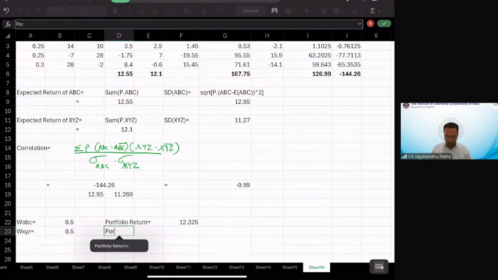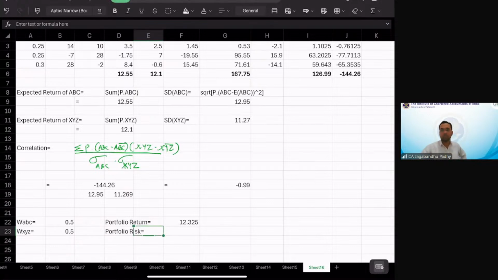Now I want you to calculate the portfolio risk. Give me the portfolio risk numbers, guys. Can we compute it? Because we know the standard deviation, we know the correlation, and we also know the weightages. So I think we should be able to compute it.